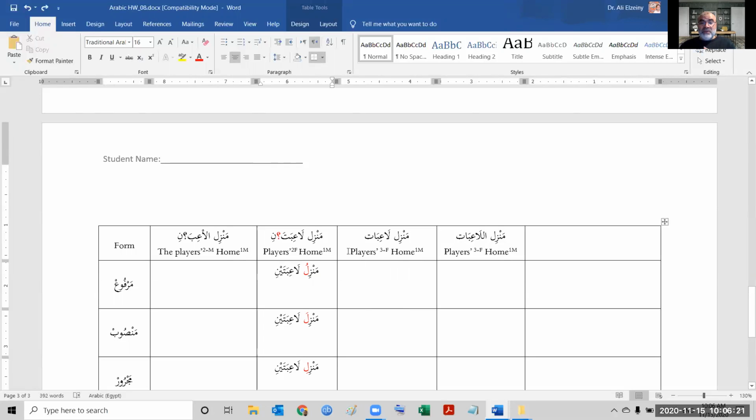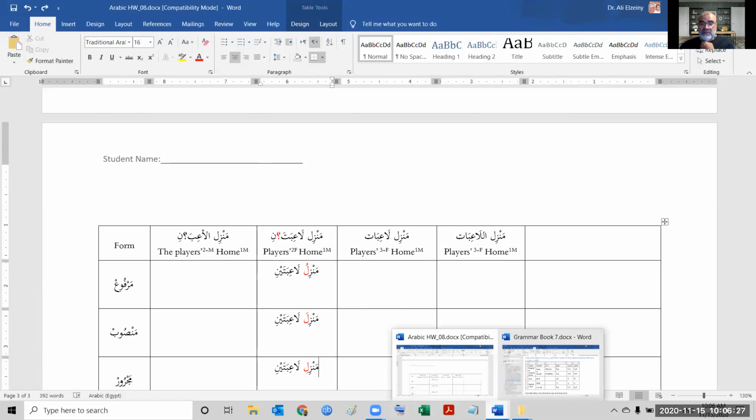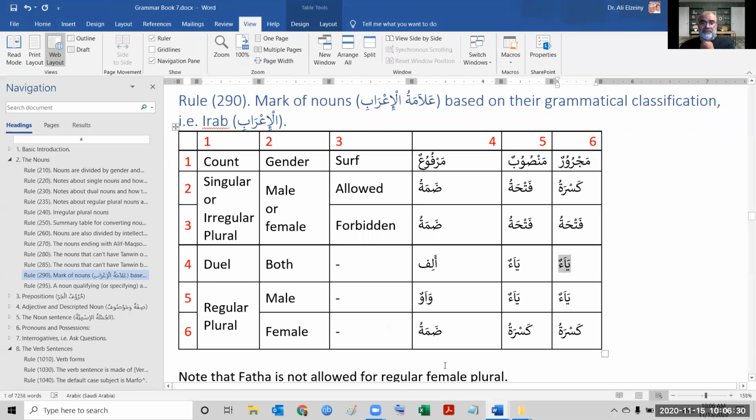So that's 3 plus F, la'ibat, 3 plus F, female regular plural. Majroor is kasra. And it's only one case. The second noun is always majroor, all the time. So that's kasra.